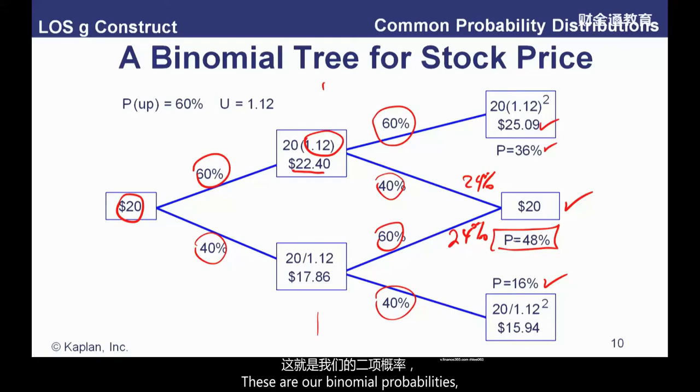So these are our binomial probabilities. If we define an up move as success, that's the probability of 2 successes, 2 up moves in a row. That's our 36%.